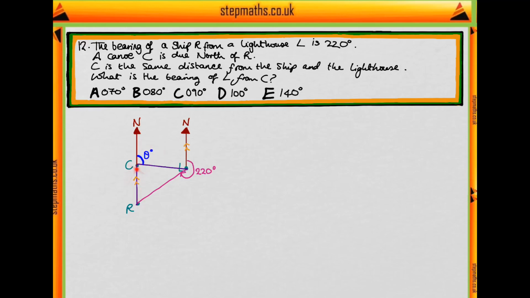We also know that these two sides are parallel because they're both pointing north. And we know some information about these two sides too. So what we know is that these two angles in fluorescent green here must add to 180 degrees because, as you can see, we've got a pair of parallel lines here, and when we have a pair of parallel lines and this line between them, then these two angles must sum to 180.